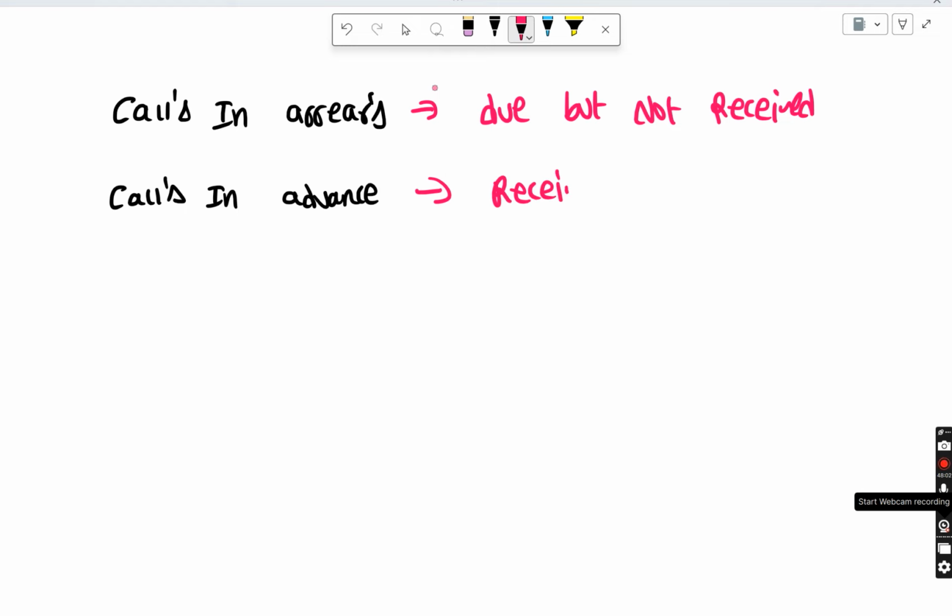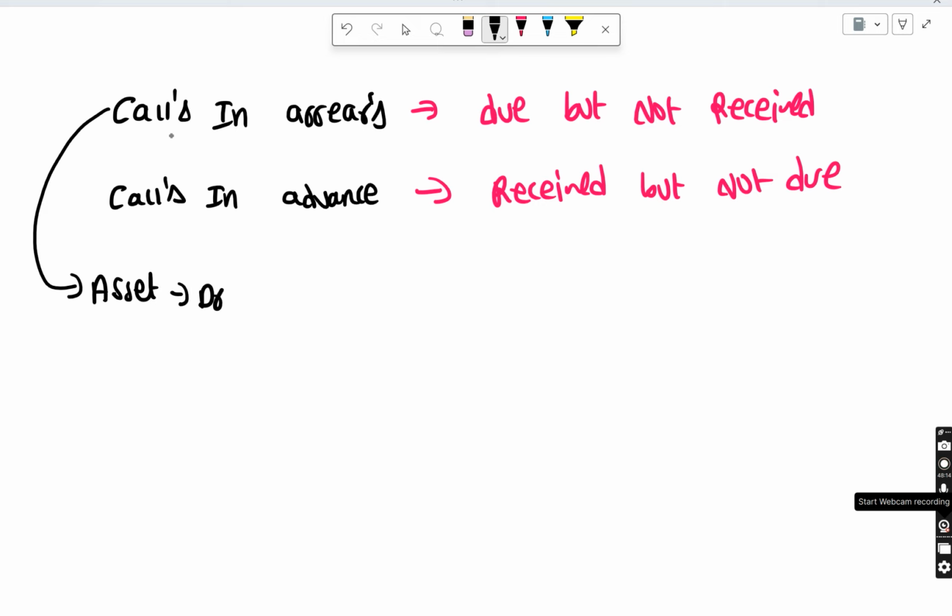Received but not due. Calls in arrears is an asset. It shows debit balance. Calls in advance is a liability. It shows credit balance. Why?